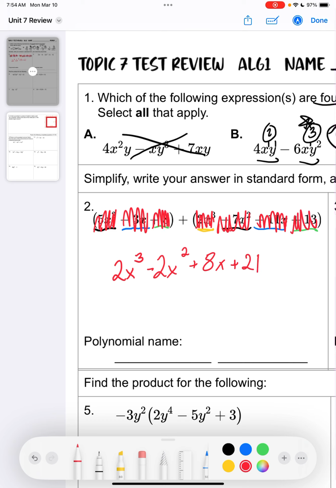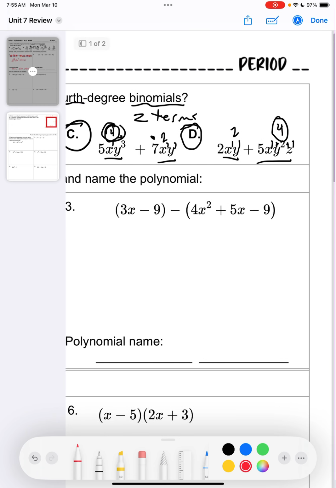So there's it written in standard form, in descending order. Degree 3, degree 2, degree 1. This would be a 4-term cubic because of the 3. Polynomial.